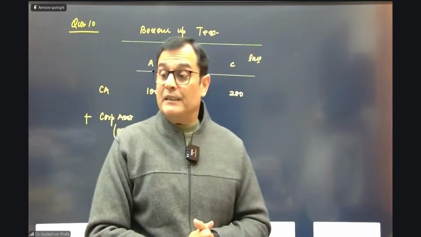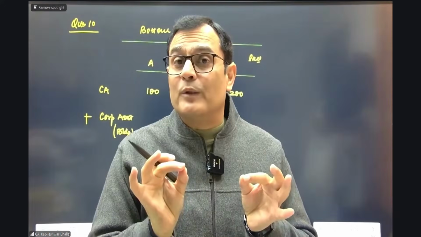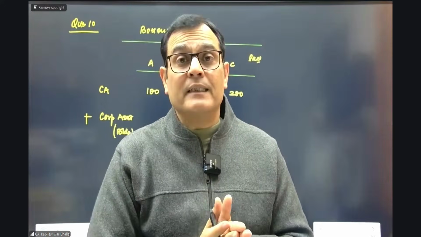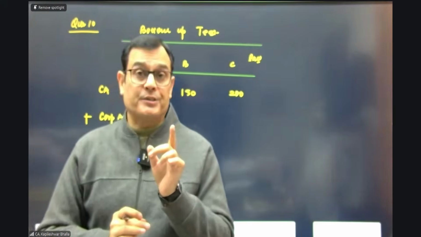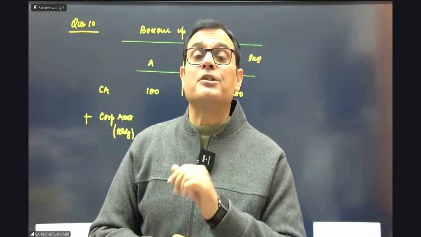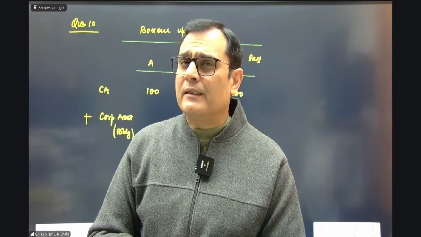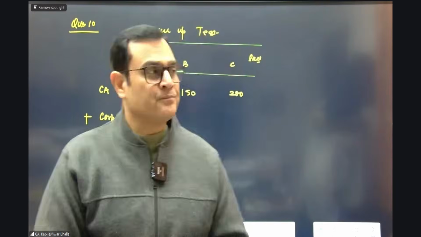Now, let's get the inputs from your side, friends. Can you tell me what is the ratio in which I will allocate the building between ABC? Consider the life of the asset A is 10 years, the life of B and C is 20. So can I allocate this in the ratio of 10 is to 20 is to 20 or something else?